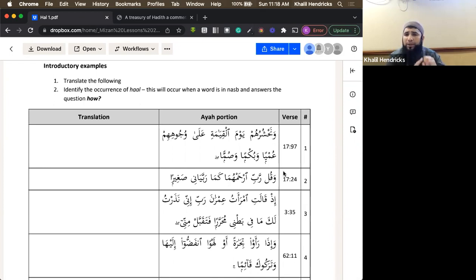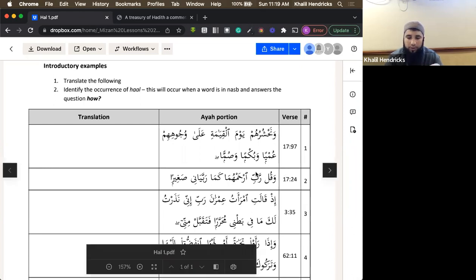So umyan, you will tell me, if I ask you what hal is the word umyan in? Halatul nasb. What's the sign that it's in halatul nasb? The fathatain. Why is it in halatul nasb? Because it's hal. Hal for what? For the done upon.